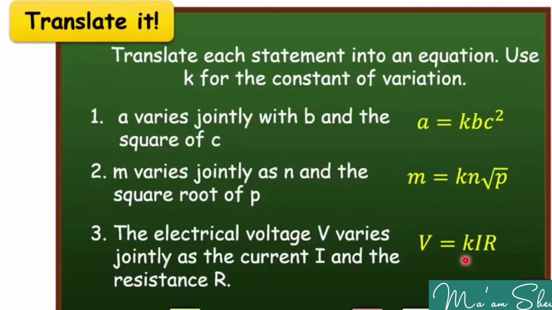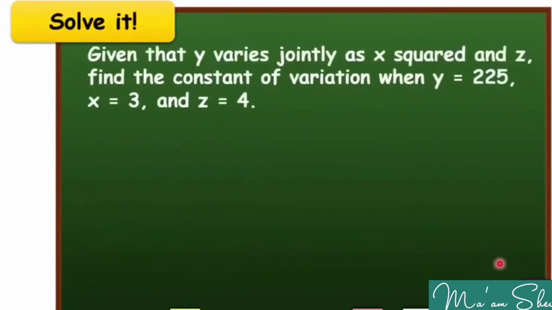We have I and R. So, we have V is equal to K, I, R, which means the current and the resistance. So that is how we translate verbal statement into a variation statement or into an equation, wherein K is the constant of the variation.